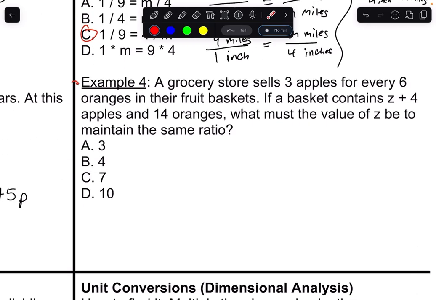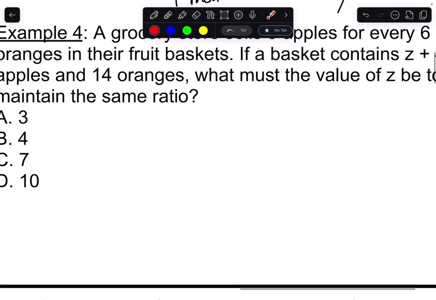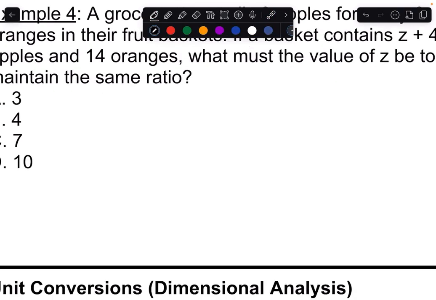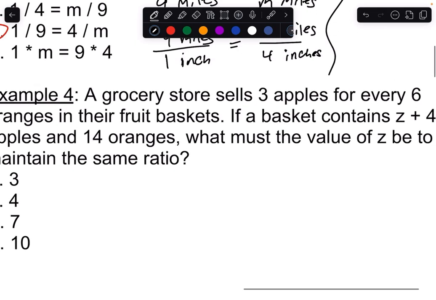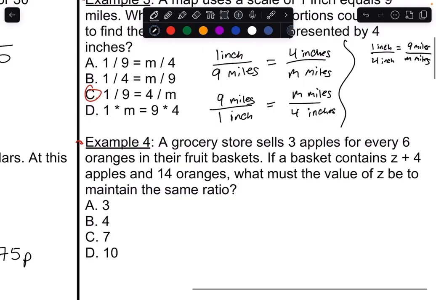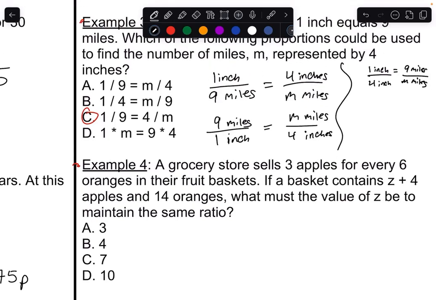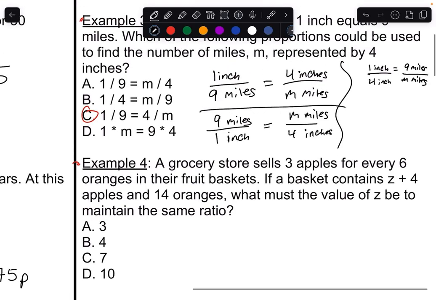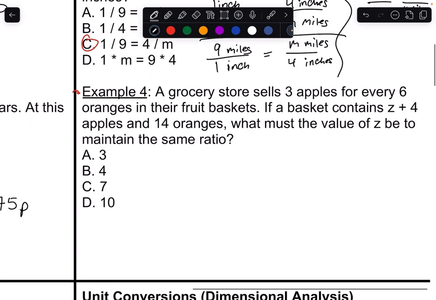Same idea for number 4, except that now we've got Z plus 4. That's interesting. But again, let's just set your proportion up. Let's do it kind of similar to number 3, because we have different options here. Either one is fine. I'm just picking the first option because why not? Okay, 3 apples for every 6 oranges.